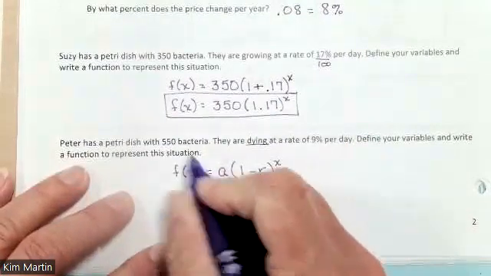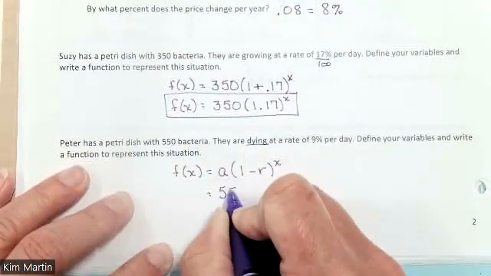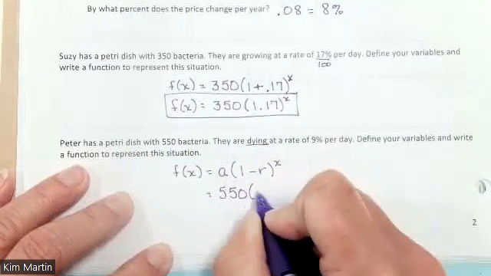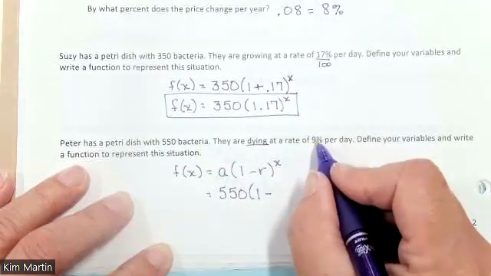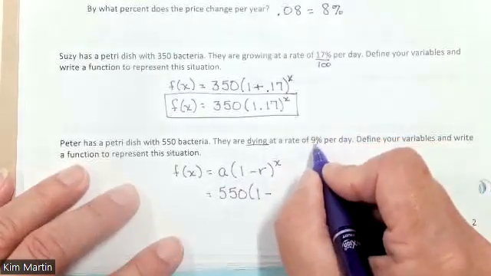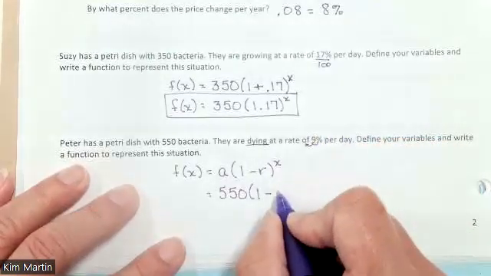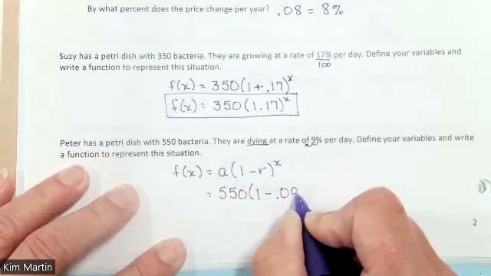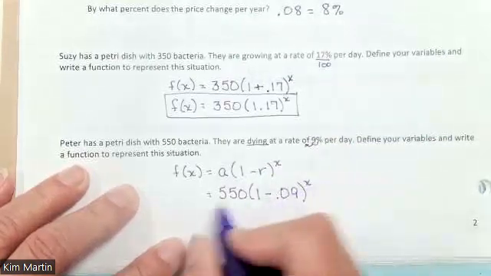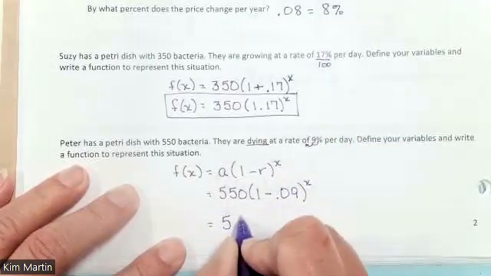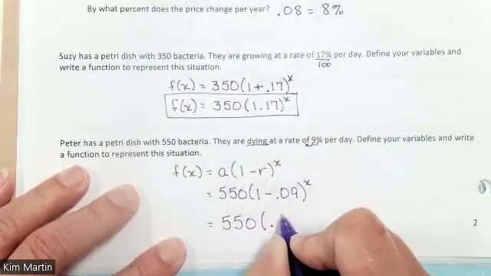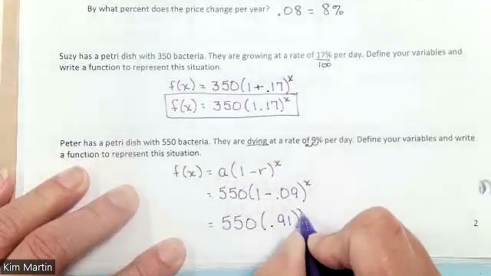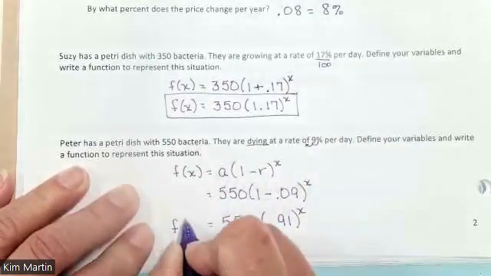Our initial is 550. We're going to say 1 minus our rate, which is 0.09, because we're going to move our decimal 2 places to the left, raised to the x power. So that simplifies to 550 times 0.91 raised to the x power, and that's our function.